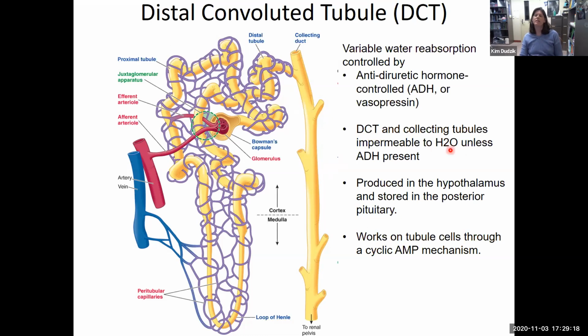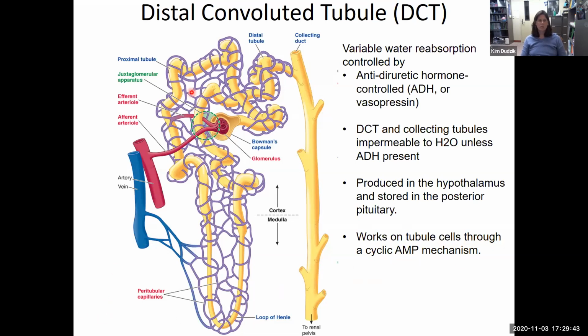It says here the DCT and the collecting tubules are impermeable to water unless the antidiuretic hormone is present. It's produced by the hypothalamus and stored by the posterior pituitary gland. So we'll come back to this when we do the endocrine system. It says it works on the tubules through a cyclic AMP mechanism.